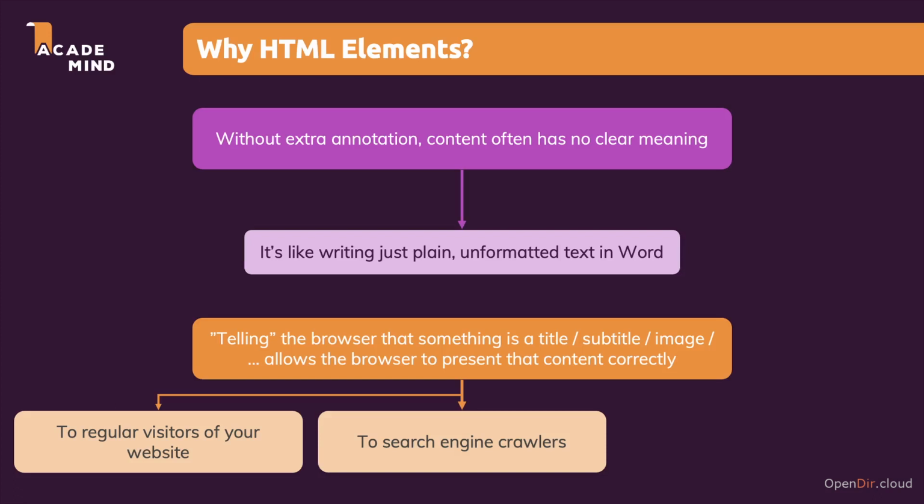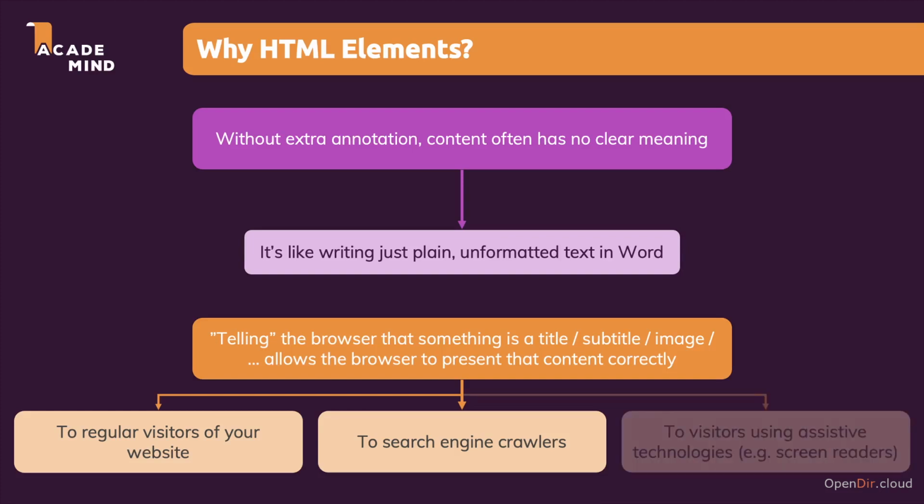And last but definitely not least, it's also important to keep in mind that not all human visitors of our website will be able to just look at our content. If a visitor is blind, for example, then he or she will not be able to see the content. Instead, that visitor typically will rely on assistive technologies like screen readers to have that website content read out to him or her.